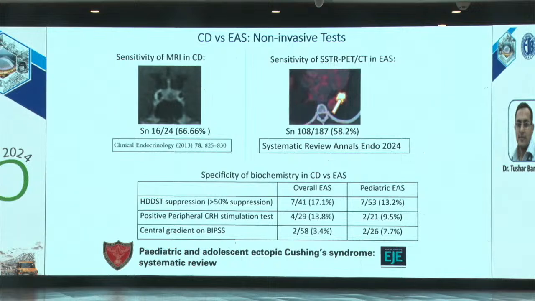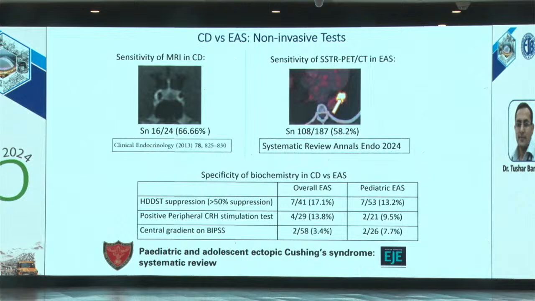If you look at high dose dexamethasone suppression, 20% of the patients with EAS will suppress with it. If you look at CRH stimulation, 15-20% of patients with ectopic will get stimulated by that, and hence experts have suggested using multiple tests in combination to increase the yield.